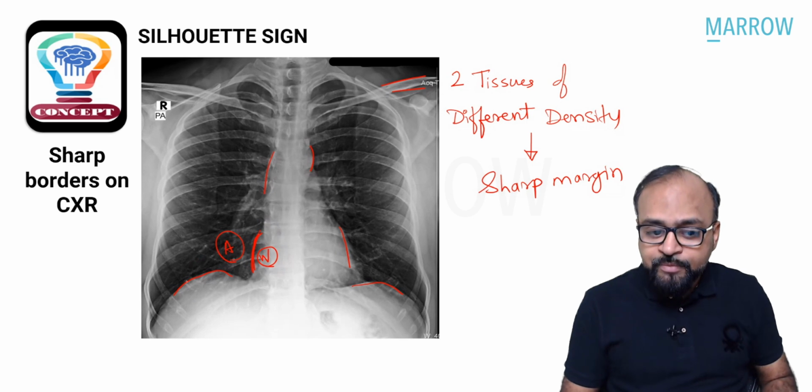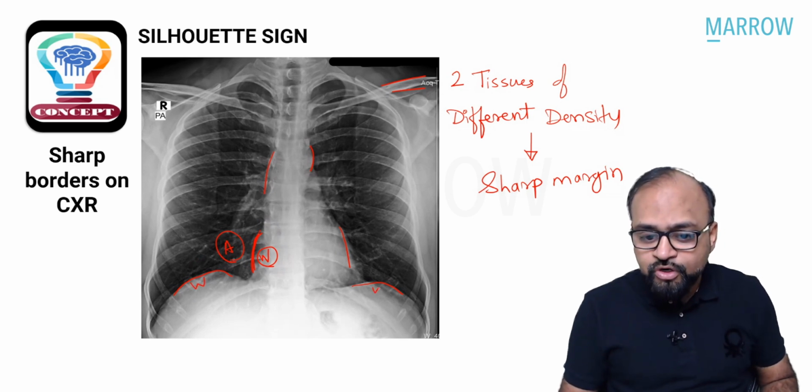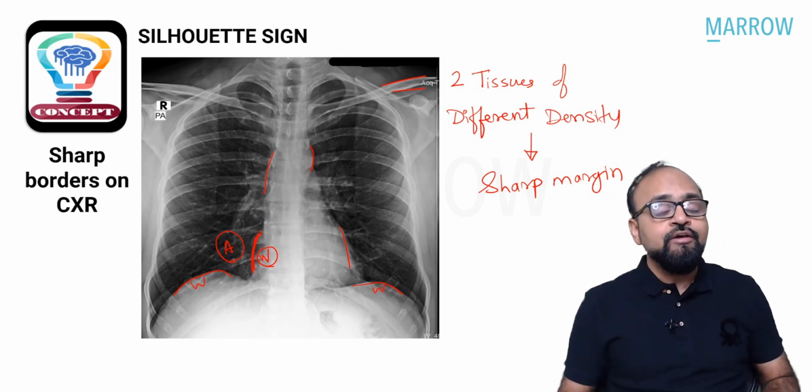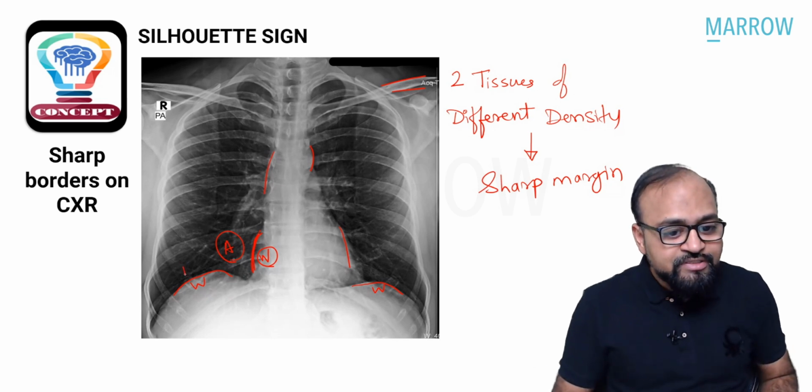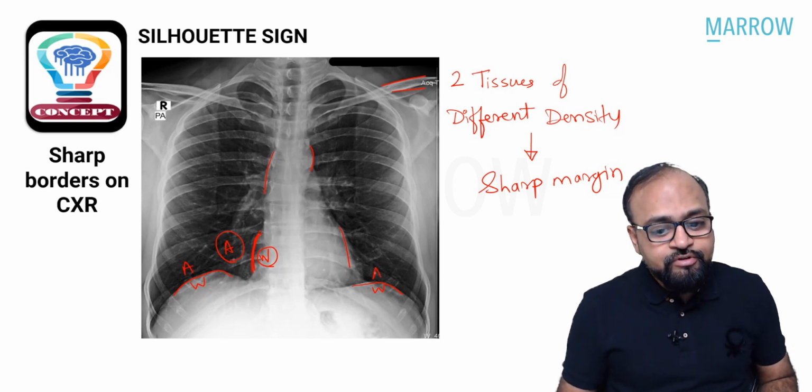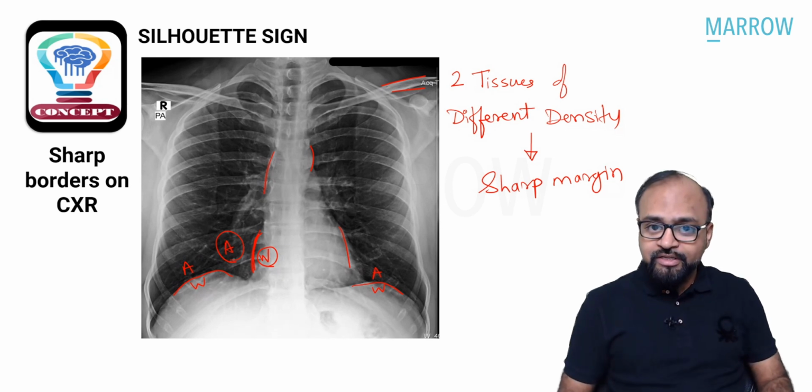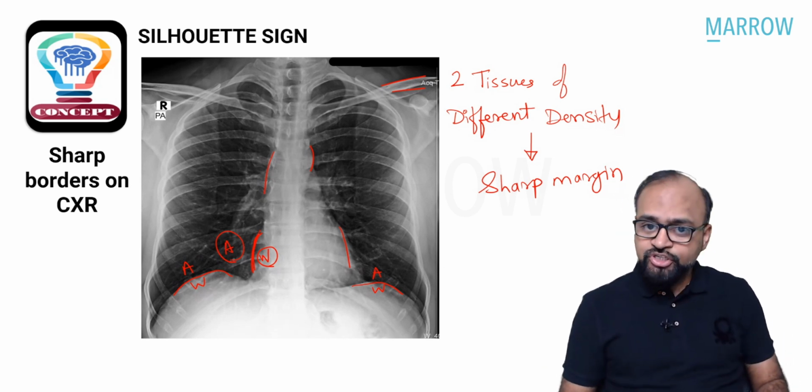Why do we see a sharp margin of the diaphragm? Because the diaphragm is water density. What lies just above the diaphragm is again air density within the lungs, the lower lobes predominantly. That is the reason why we see a sharp margin.